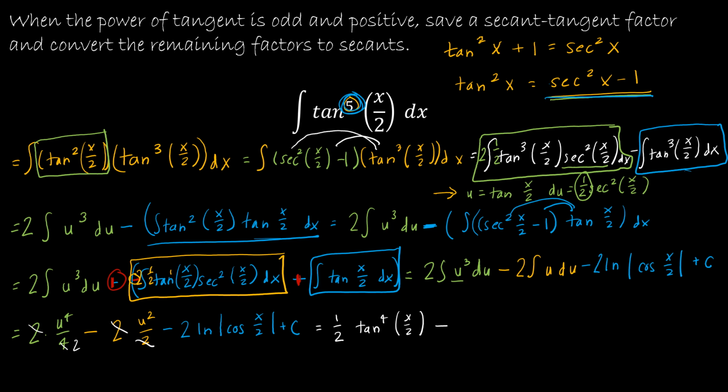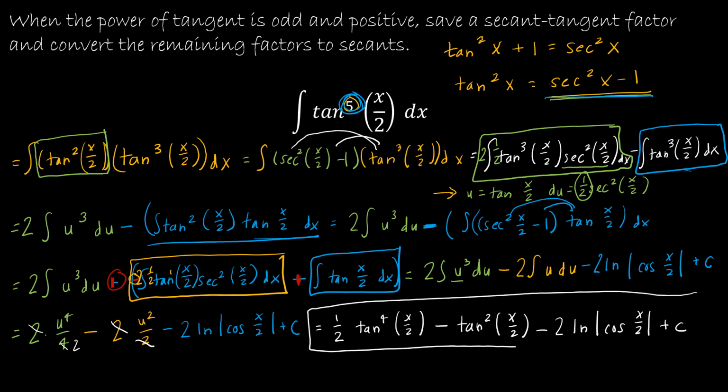And so I have u squared, which would be tangent squared of x over 2. And then I have minus 2 times the natural log of the absolute value of cosine of x over 2 plus c. And that is my final answer. Hooray and hooray.